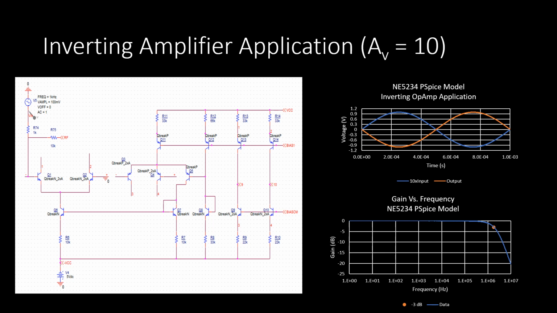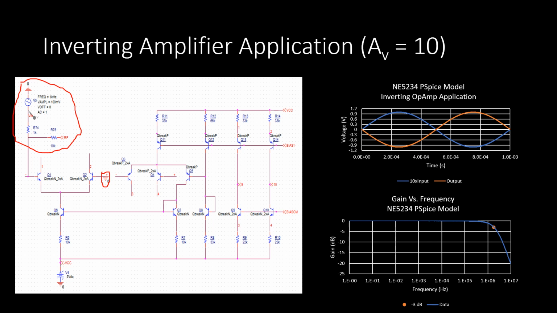Here's a look at the application of this op amp as an inverting amplifier with a gain of 10. The feedback resistor and the input resistor were connected as such, and therefore the gain would be the feedback over the input, or about 10. The circuit was configured like this for the inverting amplifier, and the non-inverting input was grounded.